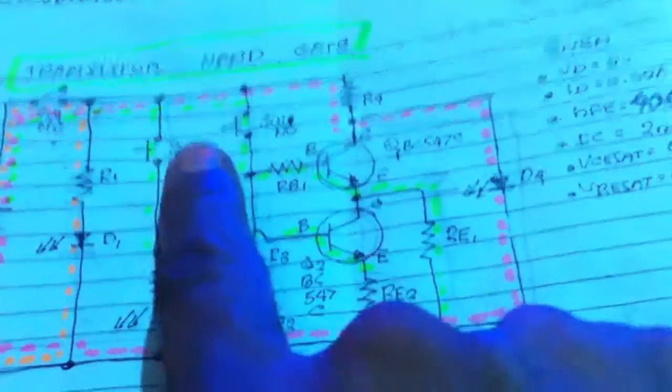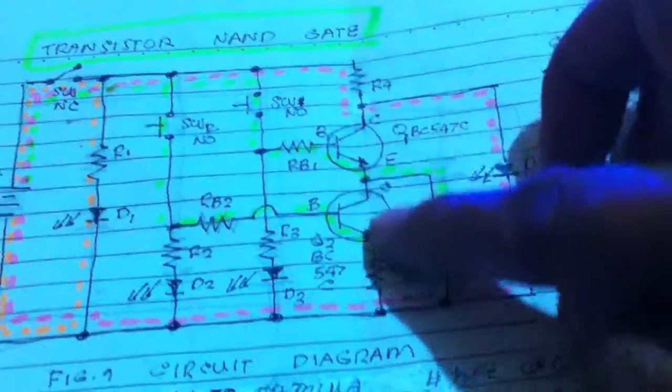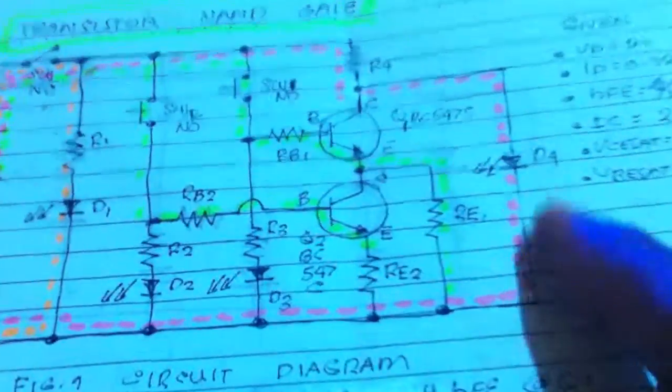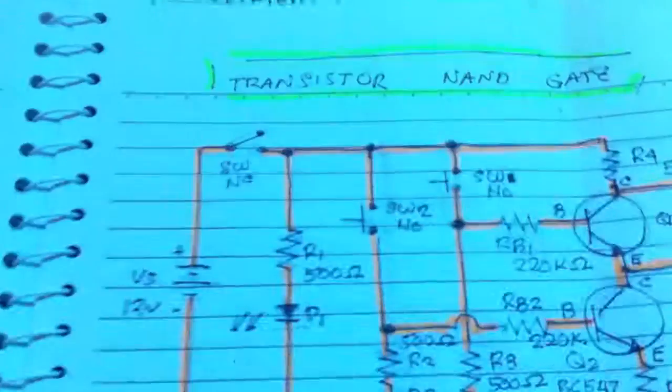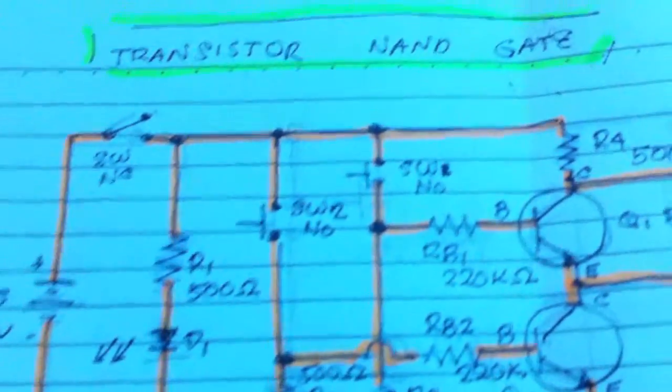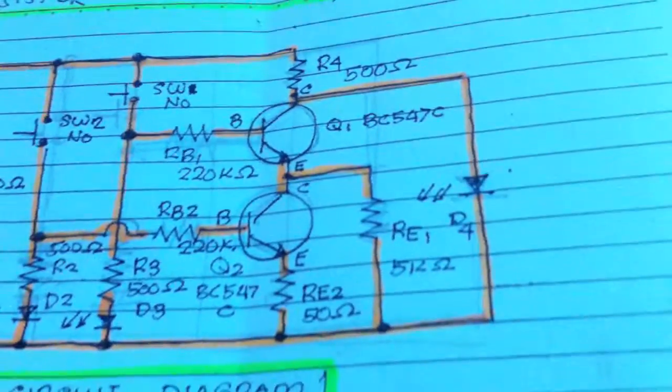When you push both buttons, the LED will turn off because the current flows here, short-circuiting the transistor and making the LED off. We can see that in our demonstration after this. So these are the final circuits with their corresponding values.